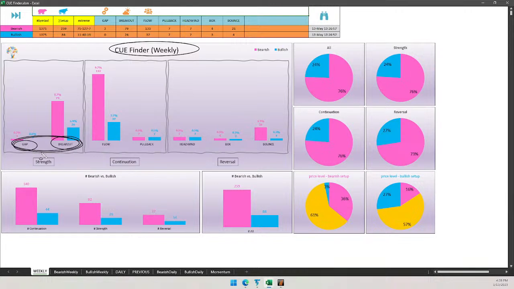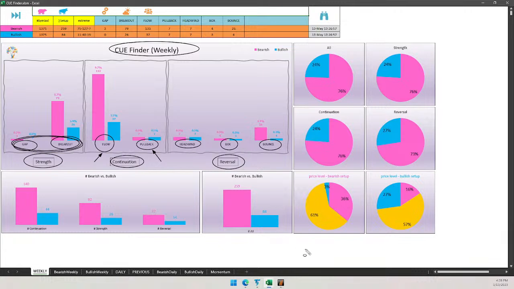Gap can also happen in a down moving stock, sideways stock, or uptrending stock. So these two setups show strength, and the next two setups, flow and pullback, happen only in an uptrend. So they are trend continuation setups, and the last three setups, headwind, box and bounce, happen only in a downtrend. So they are reversal setups.